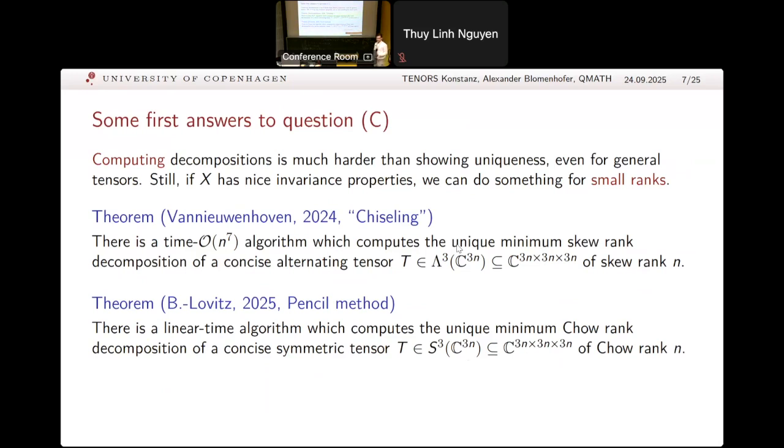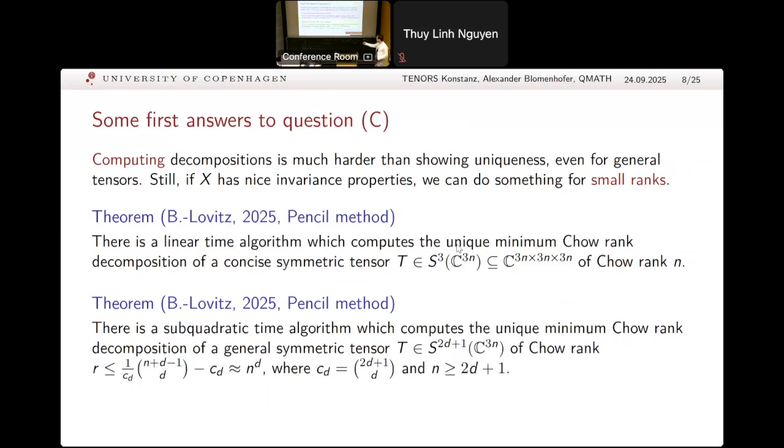If you have an odd order tensor, I have it on the next slide, if you have a tensor in S^{2d+1}, then you can go up to rank roughly n to the d. This is completely analogous to the Jennrich algorithm for odd order tensors, which also has a generalization to odd orders.